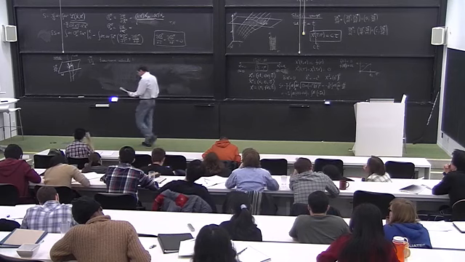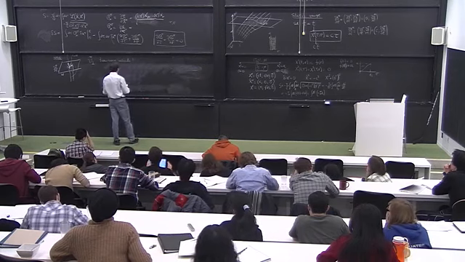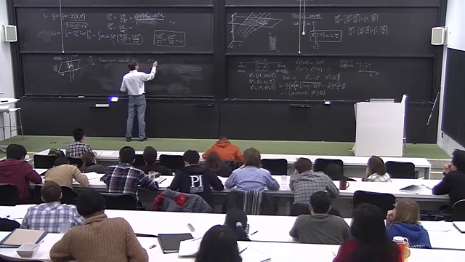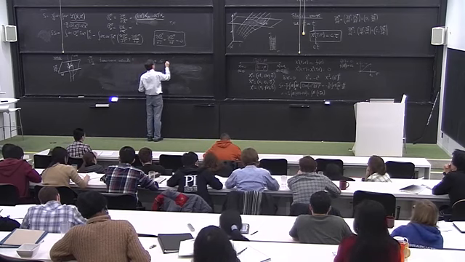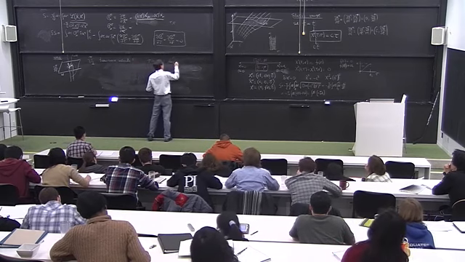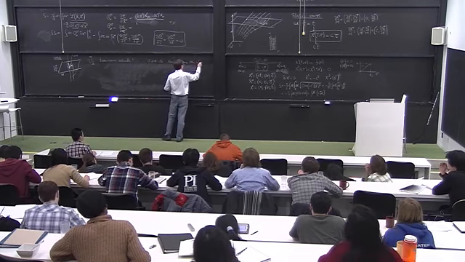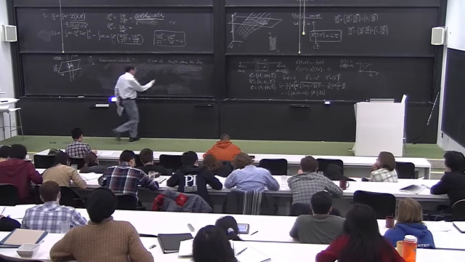So how do we do this? In order to do this, we'll trade sigma for a parameter s, which is going to be a length along the string.